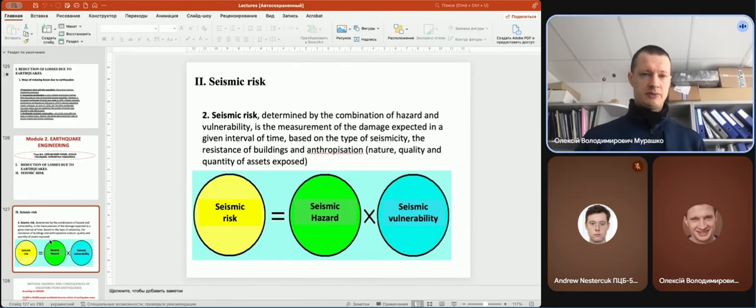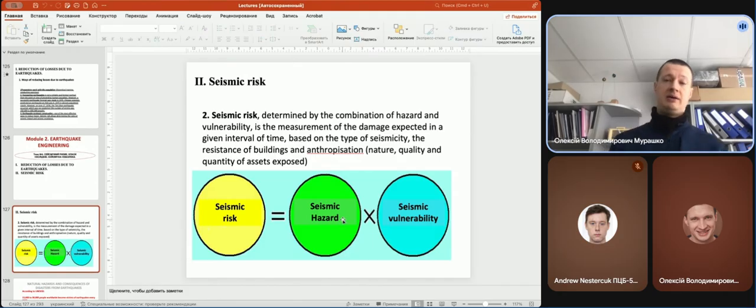And as you remember, I will remind you in a few words the material that we have considered previously. So first of all, when we are talking about the seismic risk, we have to remember that it is a result of multiplication of seismic hazard by seismic vulnerability. When we are considering seismic hazard, we have nothing to do with this because it's input data for us, but we have only to have a good tool to define it exactly for the construction site.